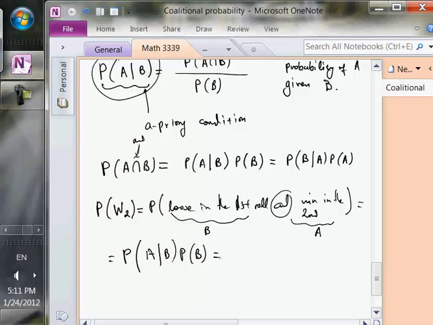What is the probability of A given B? I roll a 6 in the second: 1/6.